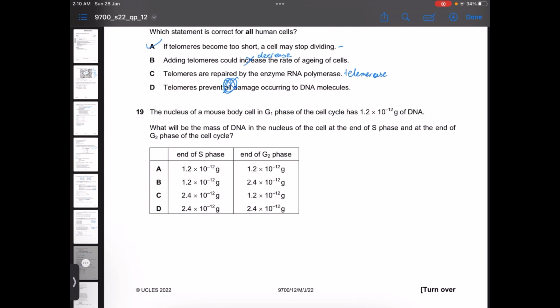So basically in G1 phase, the cell grows in size and synthesizes messenger RNA and protein that are required for DNA synthesis.